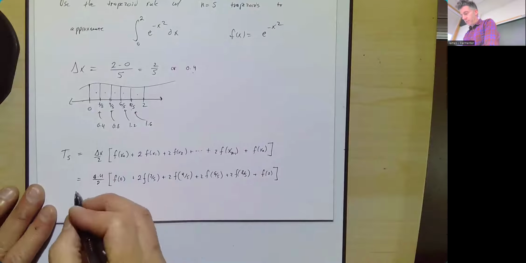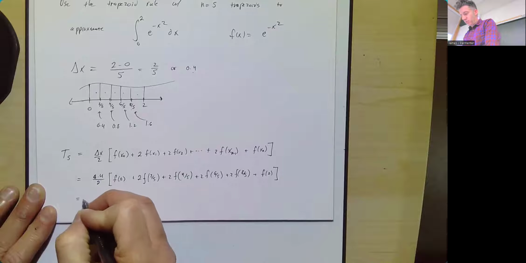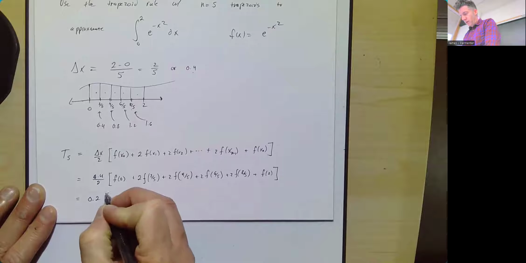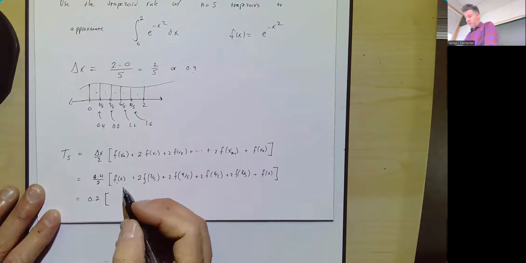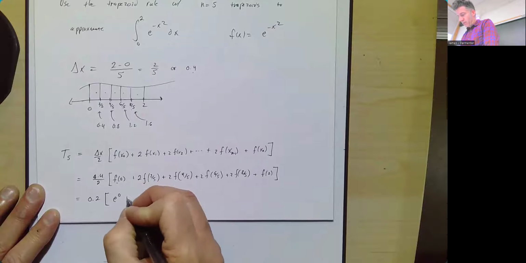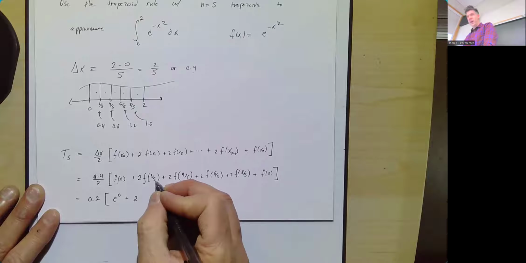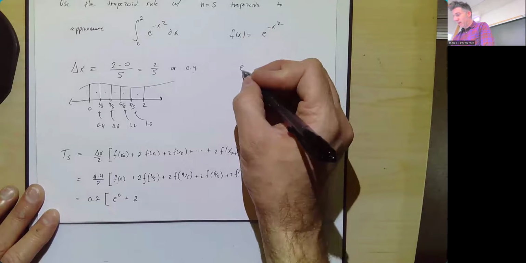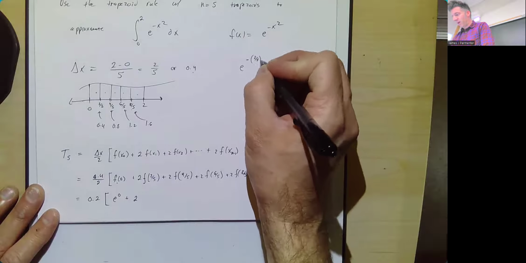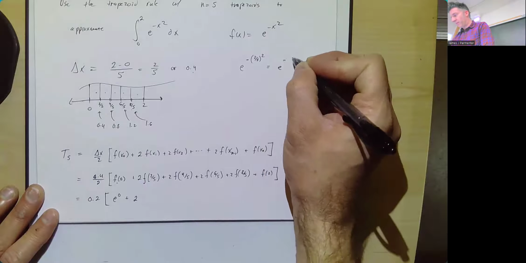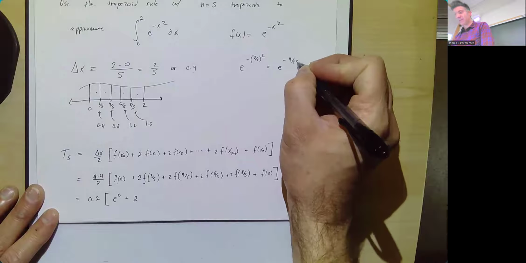So we're going to get 0.4 divided by 2, which is 0.2, times f of 0, which is e to the 0, plus 2 times f of 2/5. E to the negative 2/5 squared, I'm going to write as e to the negative 4/25.